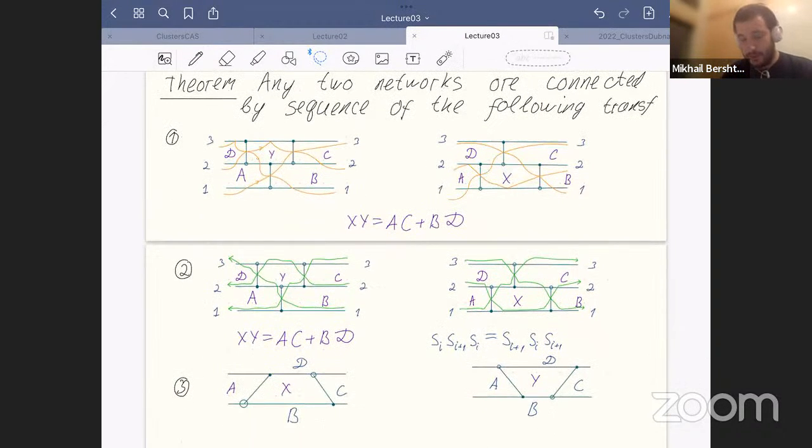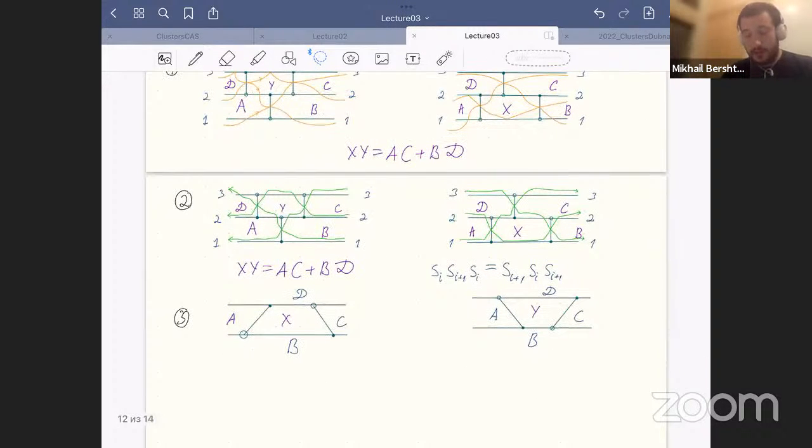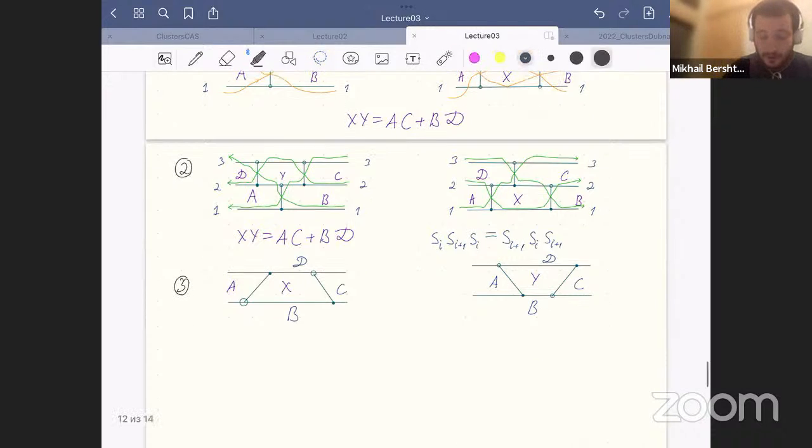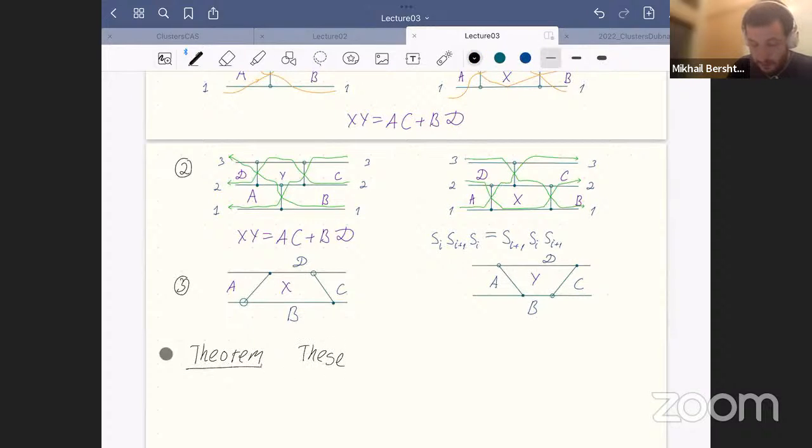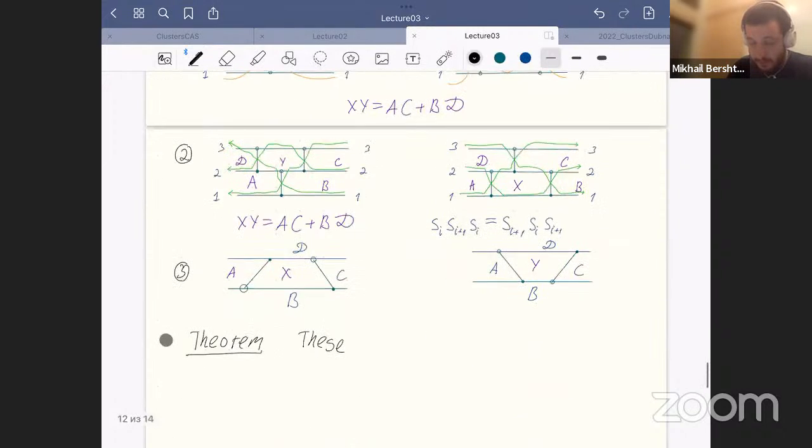This is a combinatorial statement. I will comment on it in a minute, but let me first finish the main line of arguments and then return to the question. Second theorem: these transformations are mutations.